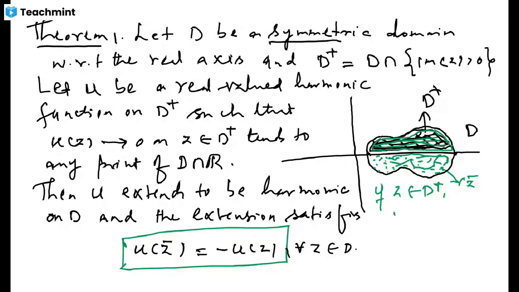Then the value of that extension has to be minus of the value of u in the D plus part of the domain. So this is how this will work.